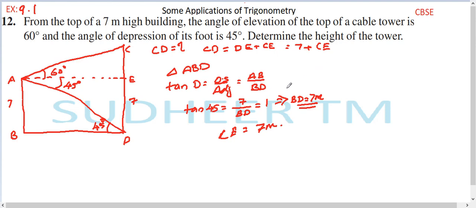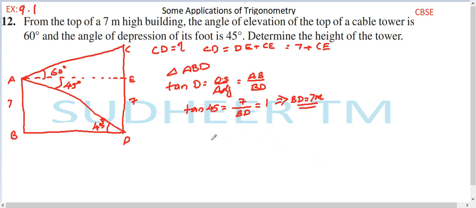Therefore, the height of the tower is equal to CD, which is equal to 7 plus CE. Okay, it's not yet completed. CE we need to find. Sorry for that.